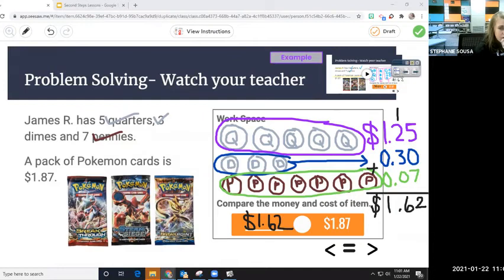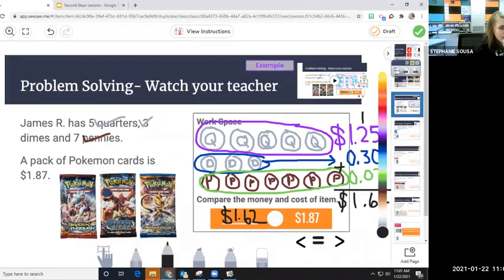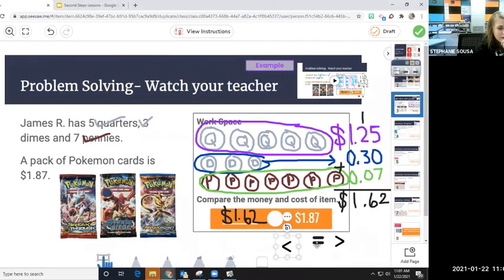Okay. Now we have to decide, is this more than, less than, or equal to that amount of money? So I can take a look here. I have the less than, equal to, and more than symbols. $1.62. I'm comparing to $1.87.